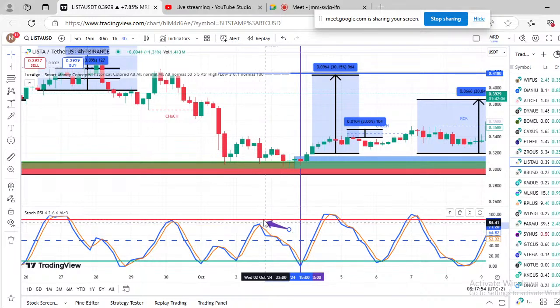The lines were moving from the oversold side towards the overbought region. They were moving from the overbought on the red line, moving towards the oversold. You get the point?